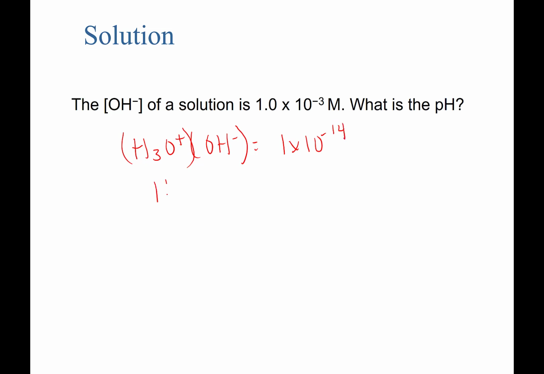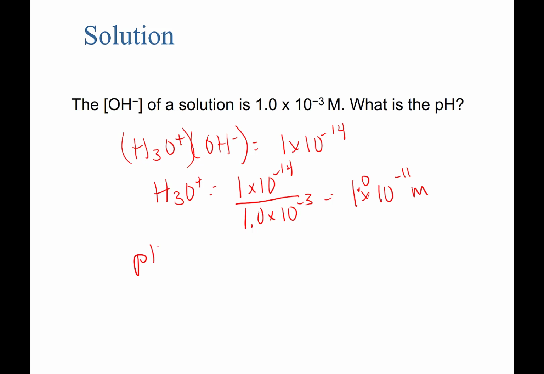So to find my H3O plus, I'm going to take 1 times 10 to the negative 14th divided by 1 times 10 to the negative third. And this would actually be 1.0 times 10 to the negative 11th.